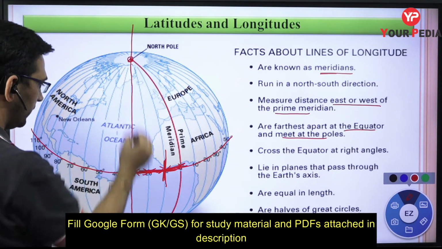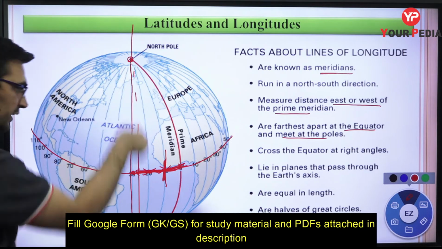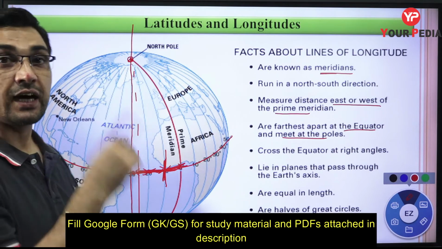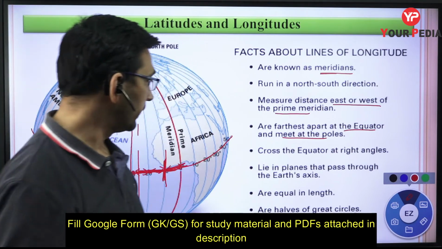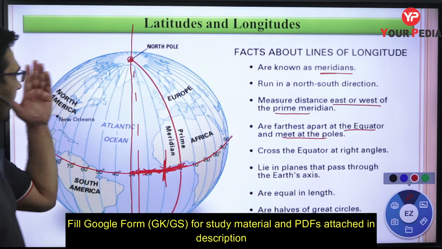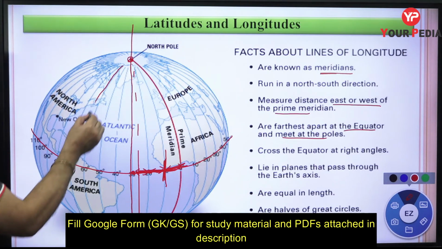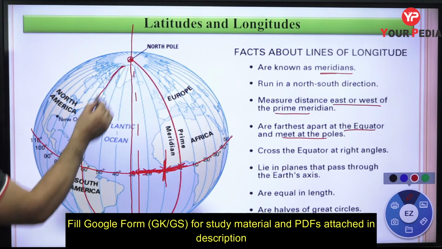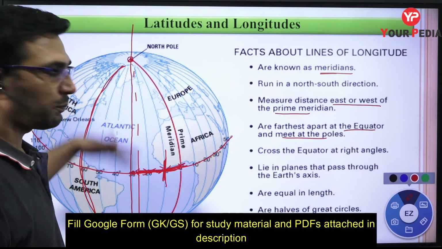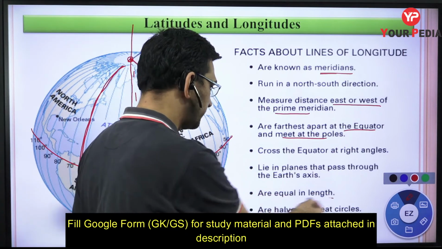The axis is somewhere in the middle here, so obviously that plane will also pass through this axis. So this particular meridian as well as the axis are going to lie on the same plane. Meridians lie in planes that pass through the Earth's axis, and they are equal in length.